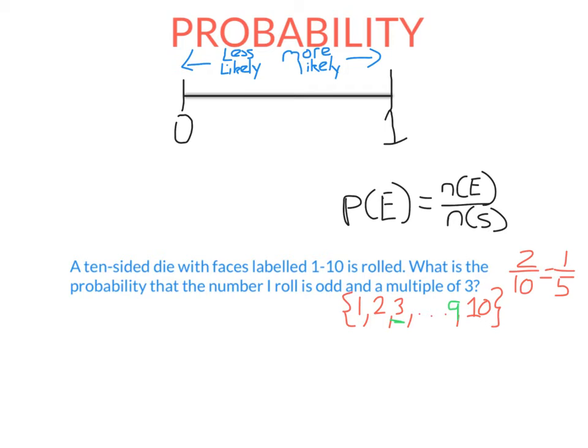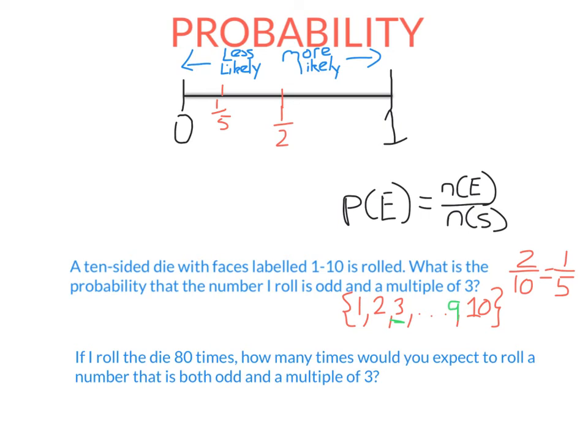So what that means is 1/5, a half would be around here, 1/5 would be down here. So this means it's unlikely to occur. Another way to interpret this is if I were to roll this 10-sided die heaps and heaps of times, I expect that I would roll an odd number and a multiple of 3 1/5 of the time.